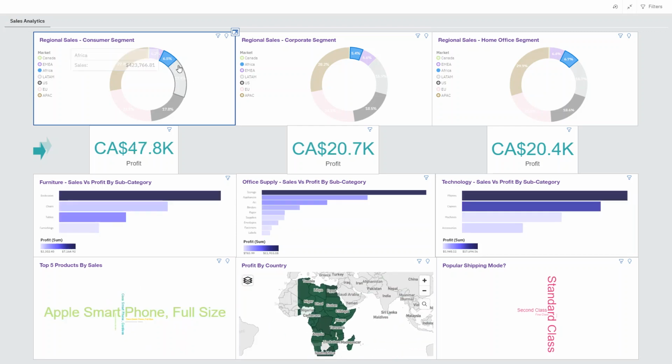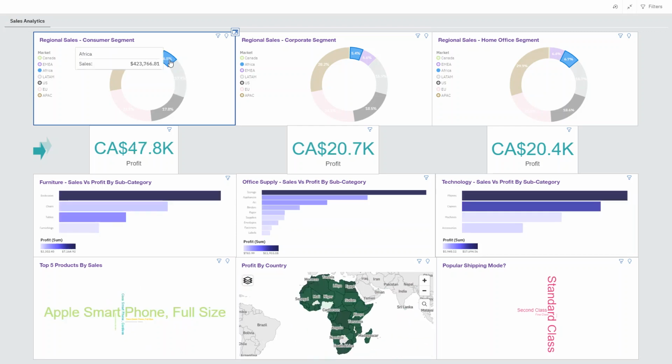So again, here Africa is generating 6.5% of sales at $47,000, 5.4% of the sales for corporate at 20,000, and 6.7 at 20,000 again.